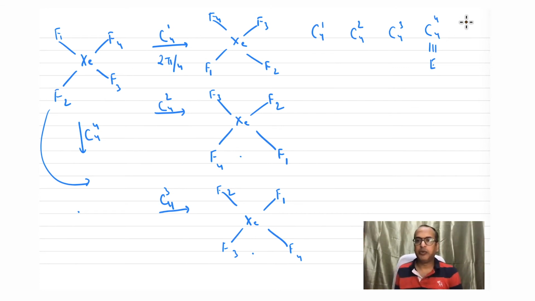Now, if you keep on going further, C4 5, again you will go back to C4 1. So C4 5 will be 90 degrees into 5, that is 360 plus 90. So 360 is cancelled out. So this will be equal to the C4 1 operation, right? So that is very straightforward to see.